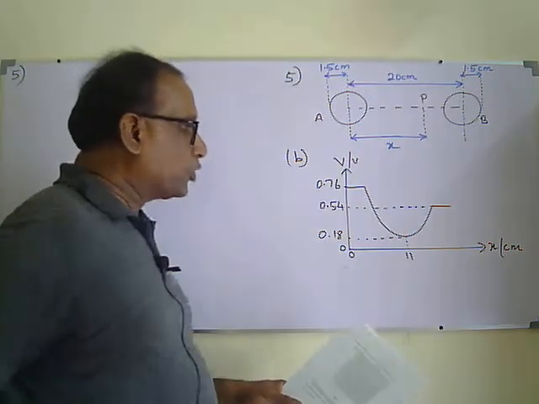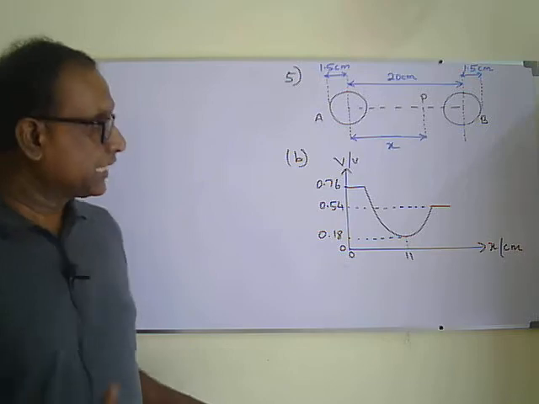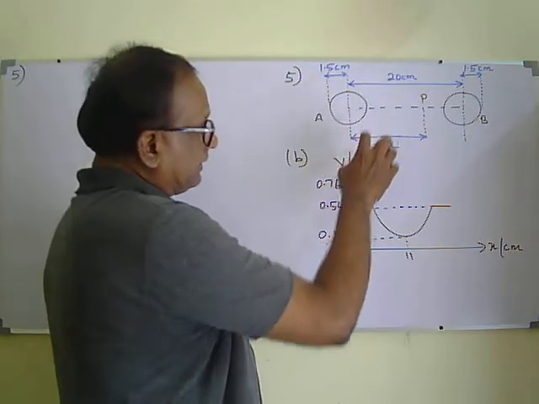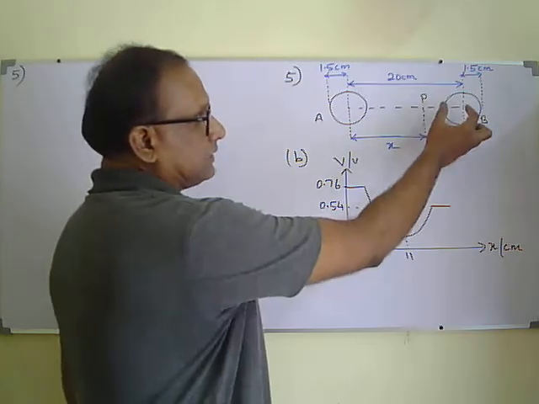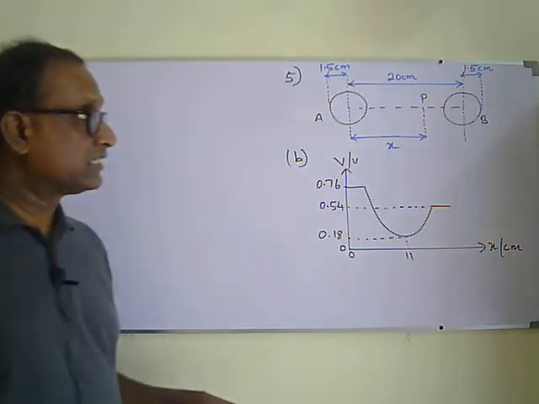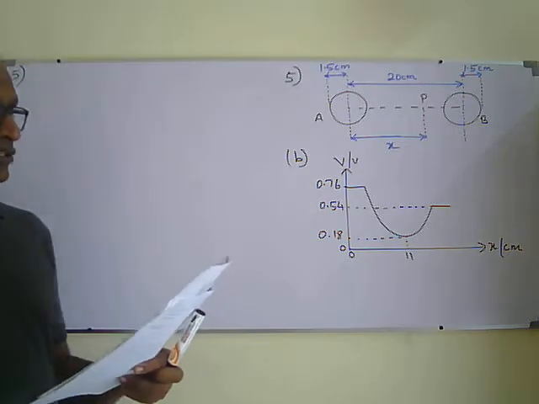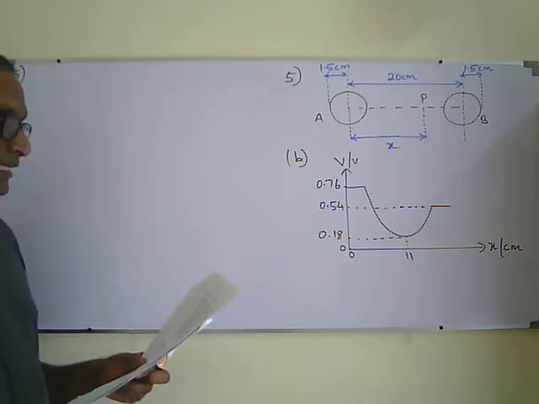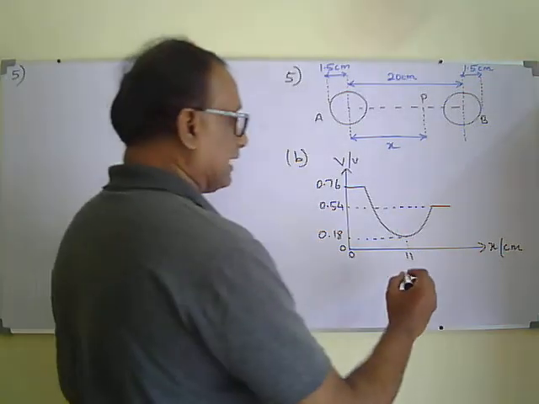The variation of potential between spheres A and B is given. You can see that up to the radius, constant potential, then varying, then constant potential up to the center of sphere B. They are saying the variation with distance x of the electric potential V is shown in figure 6.3.